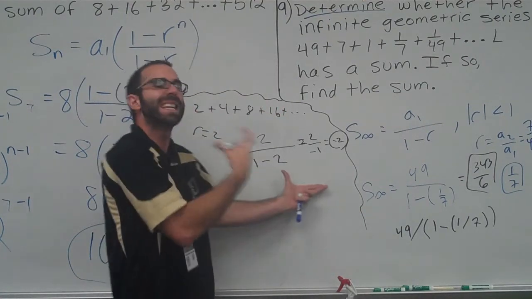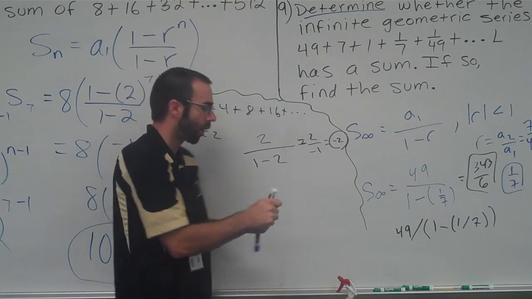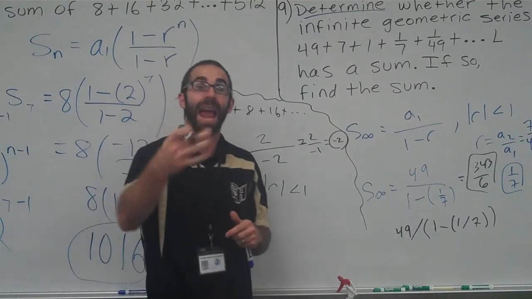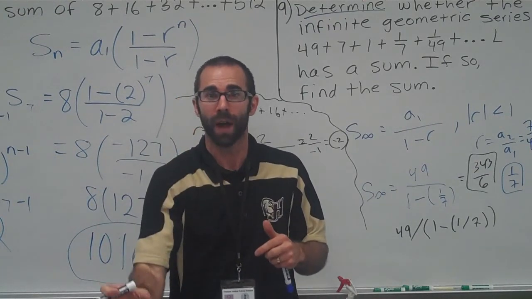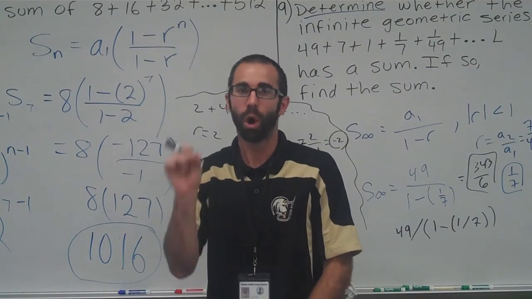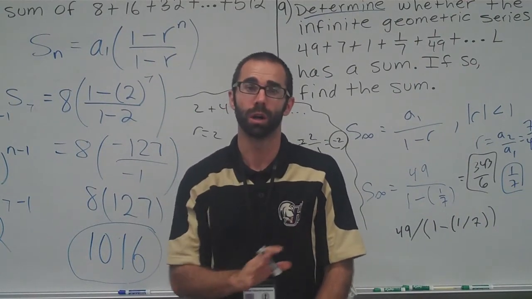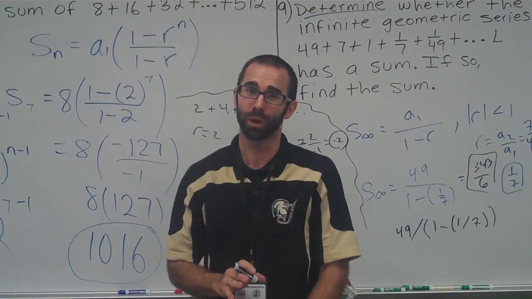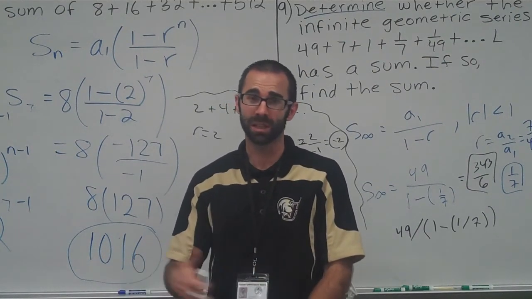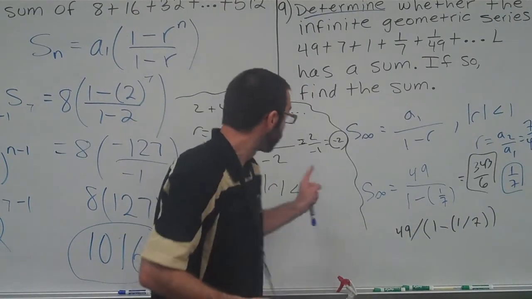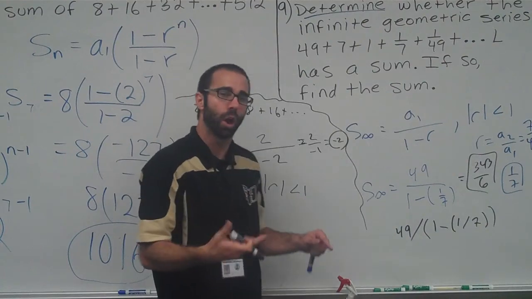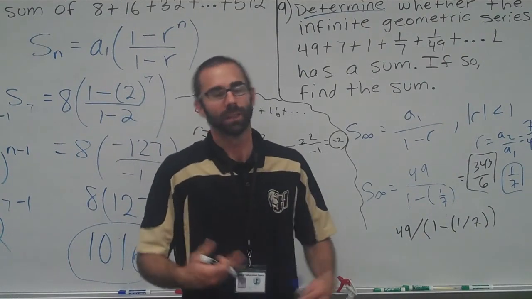That's why our r has to be less than 1. And by the way, anytime you find the sum of an infinite geometric sequence, always check r. Don't be surprised if we put a problem on there where we don't say anything and you just plug it in and get some weird number. You need to check r to find out. You say, yes, I can do it because it's less than 1, or you say no because r is too big. And that's it right there.